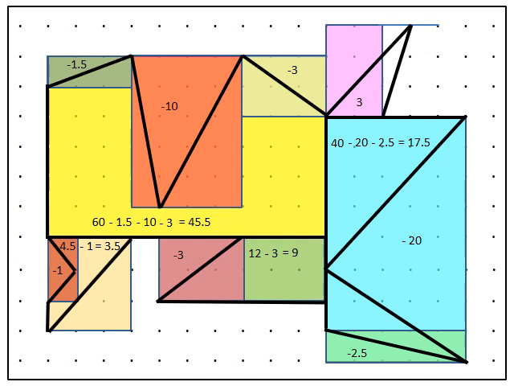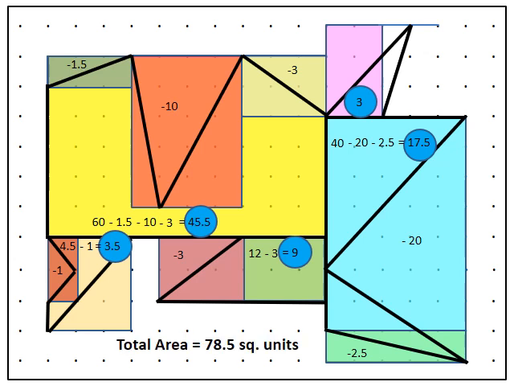So all I need to do now is add up these different values to get the final area. If you add them up, you still get 78.5. So this way you can try various ways of finding the area and see that every time you get the same area.